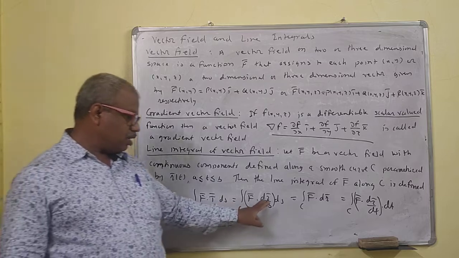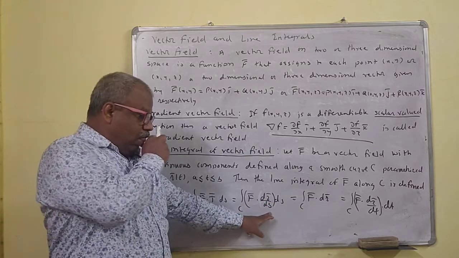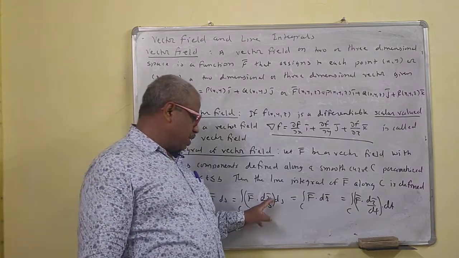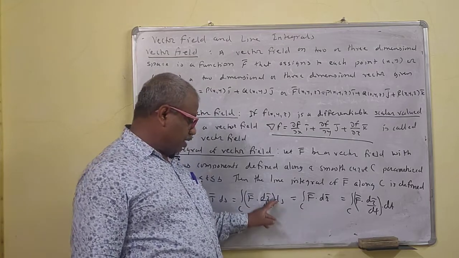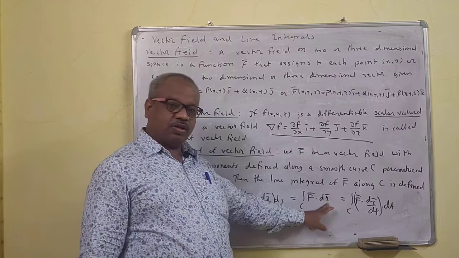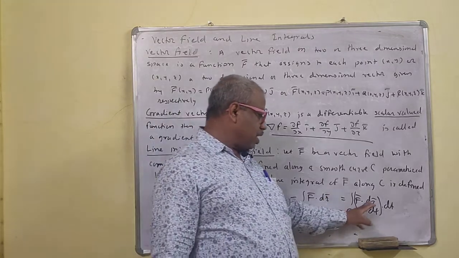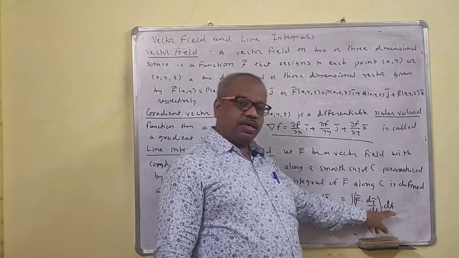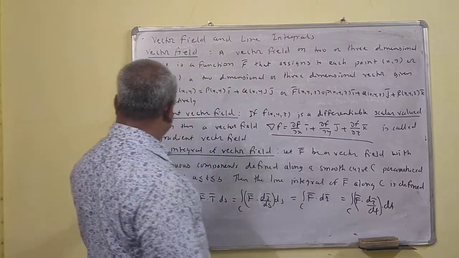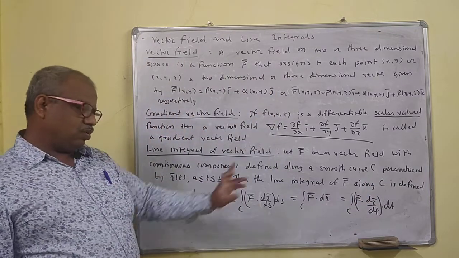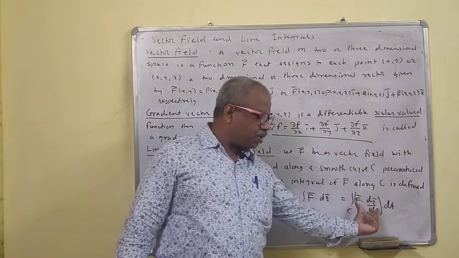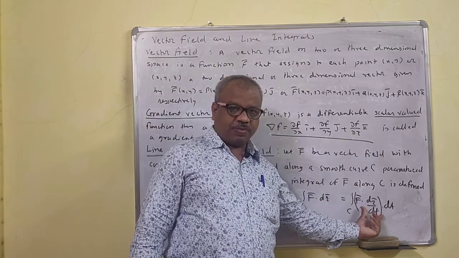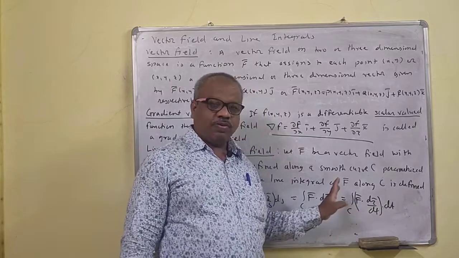T bar is nothing but dr bar by ds, so dr bar by ds into ds, the ds gets cancelled, giving F bar dot dr bar. I can write dr bar as dr bar by dt dt, because r bar is a function of t. So you have to find a dot product of the vectors, so the result is not a vector.